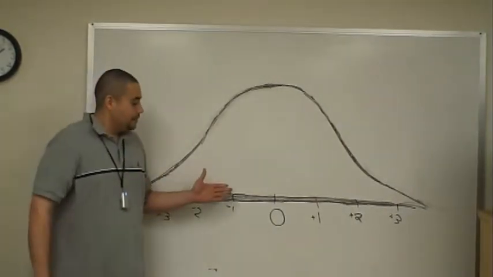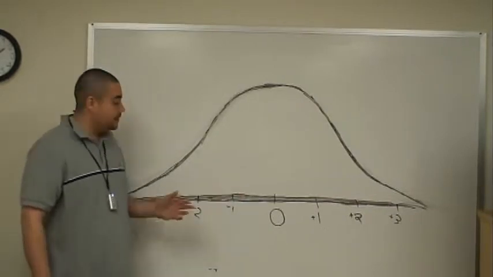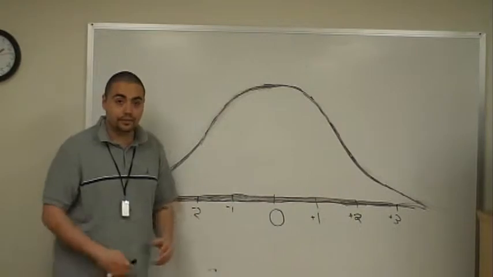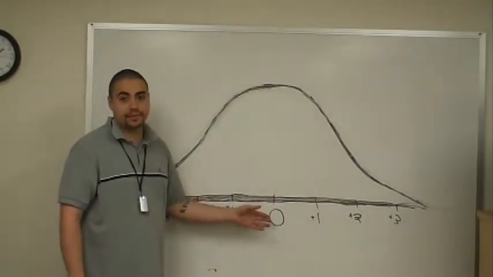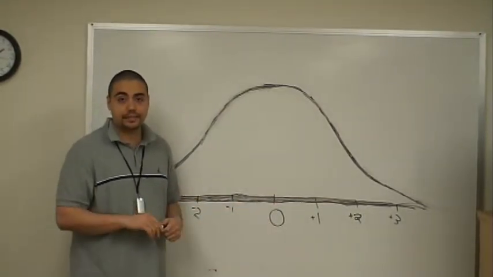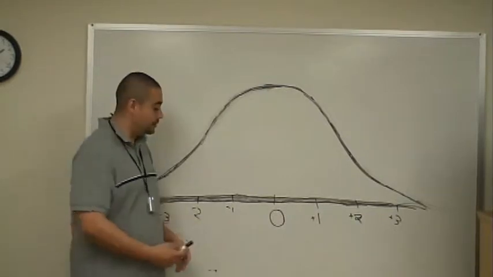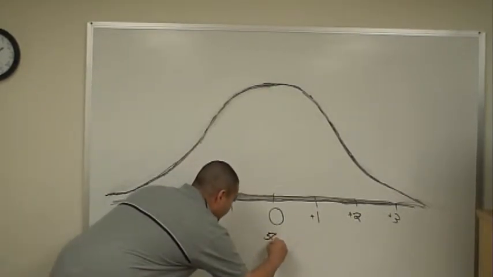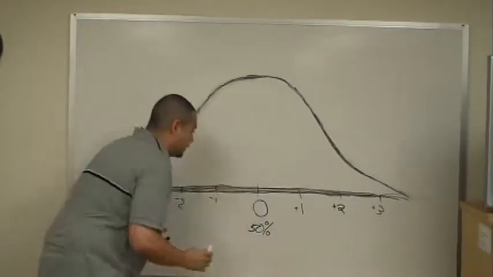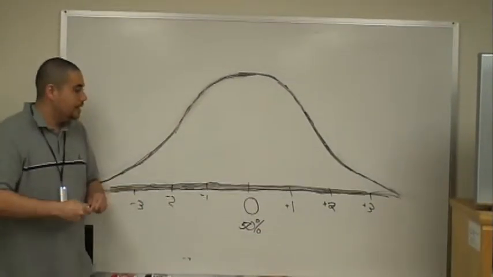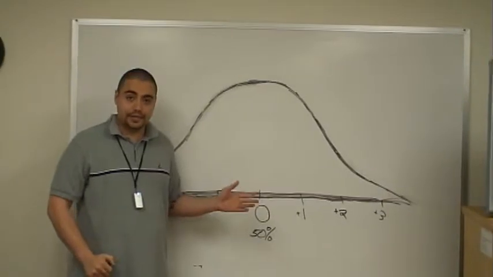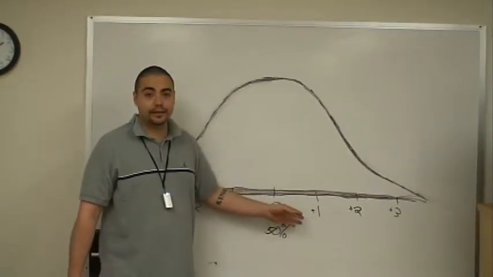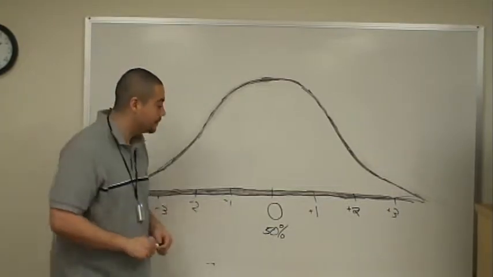Now, if you look at the z-curve, you can think of it also as the proportion of scores that fall underneath the curve. At the mean, or at a z-score of 0, it's the 50th percentile rank, because 50% of the scores fall below the mean. This part requires some memorization, remembering what percentile rank each standard deviation above the mean is.